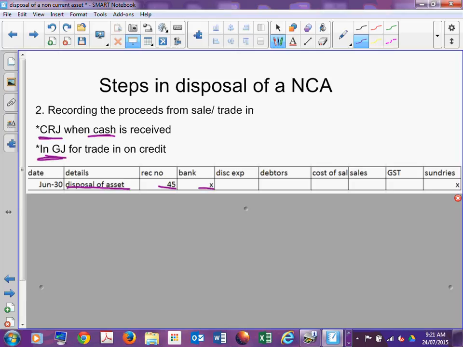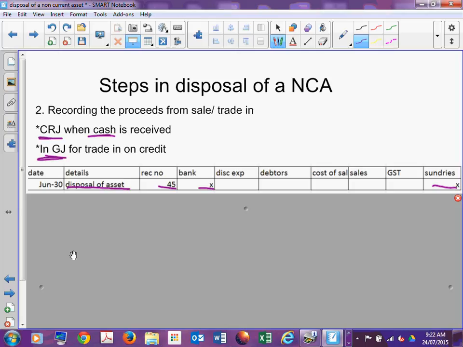It always has to go in bank. What's the other column it has to go in? Sundries, because it doesn't belong in anything else. So in sundries as well. Okay? So if you sell your asset for cash, cash receipts journal, always disposal, always in sundries.